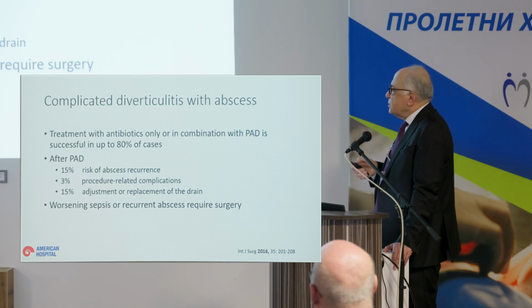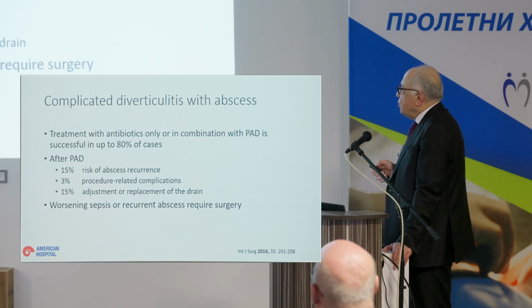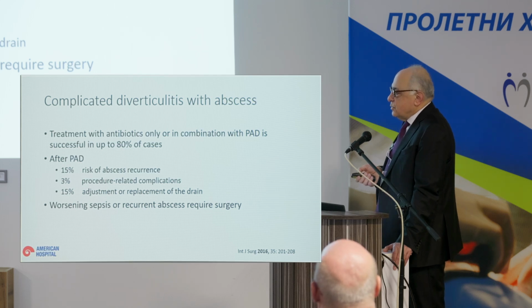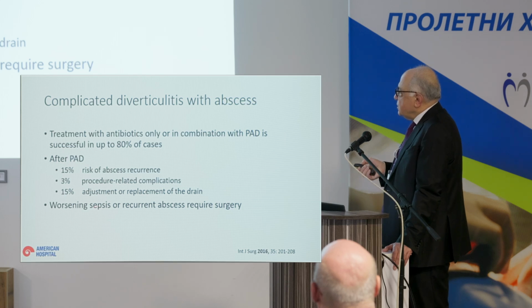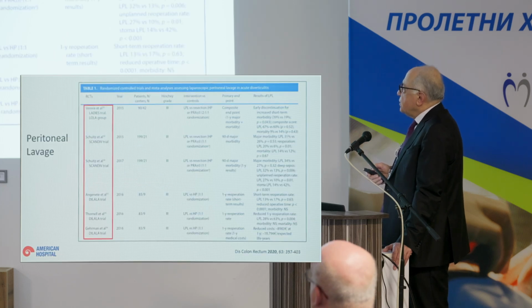You may harm some intra-abdominal organs, and if the abscess stays a long time, we should adjust or replace the drain in the following days. If the abscess is not treated by drainage, or in cases of sepsis or recurrent abscess, we should go to the operating theater for the treatment of this complication.